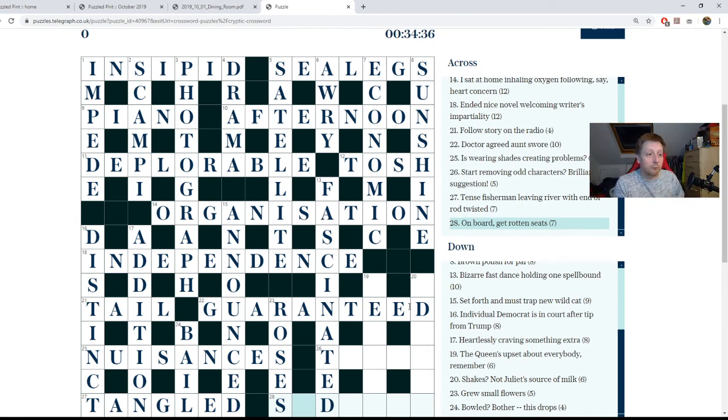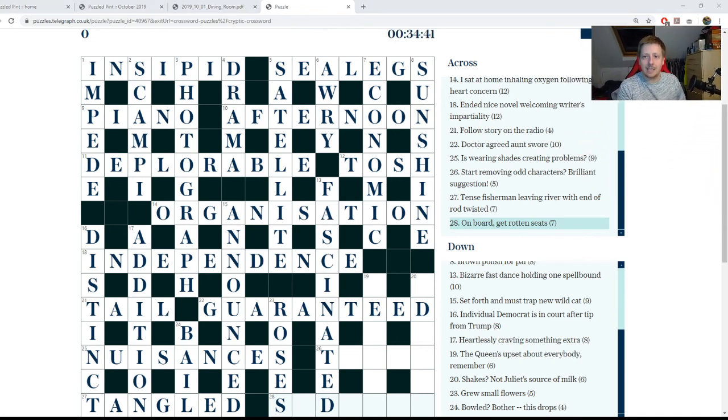On board, get rotten seats. Small means S in like clothing sizes, so S is S, M is medium. Catnip says Ryanair. On board usually means SS, and usually it means put the S. Things go in the SS.